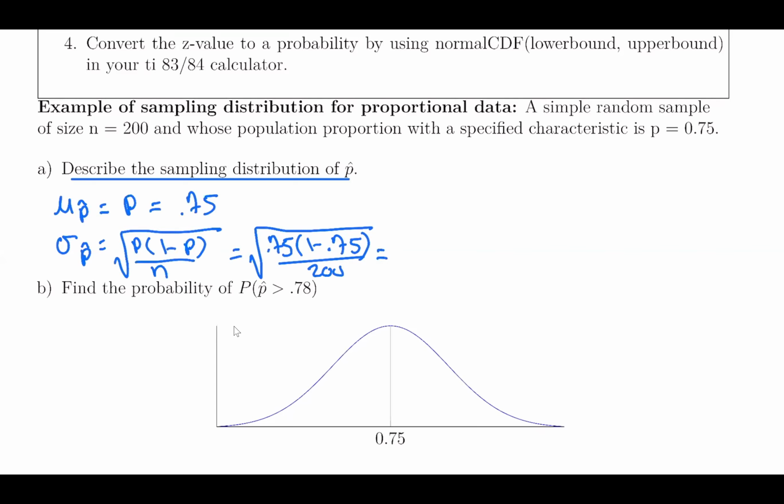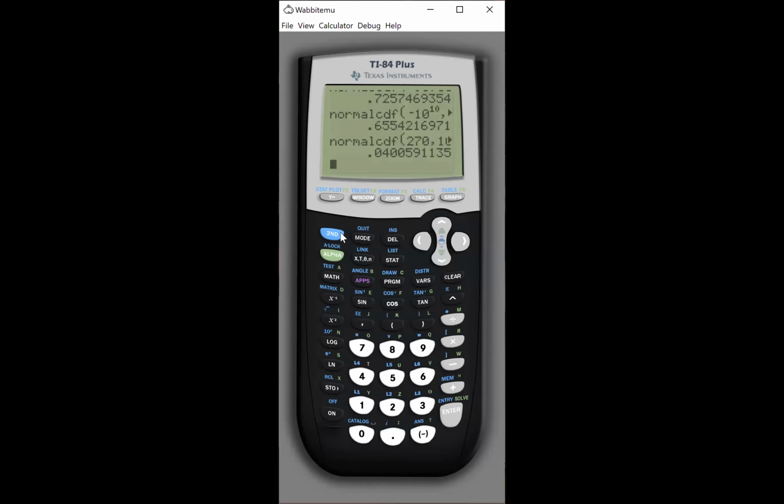All right, let me do this on the TI-84. You press second, then x squared, so you get the radical.